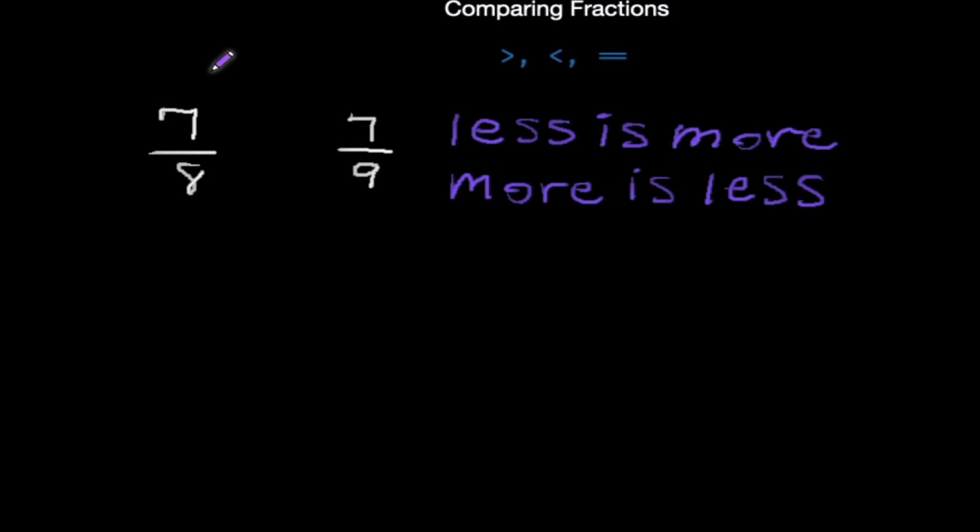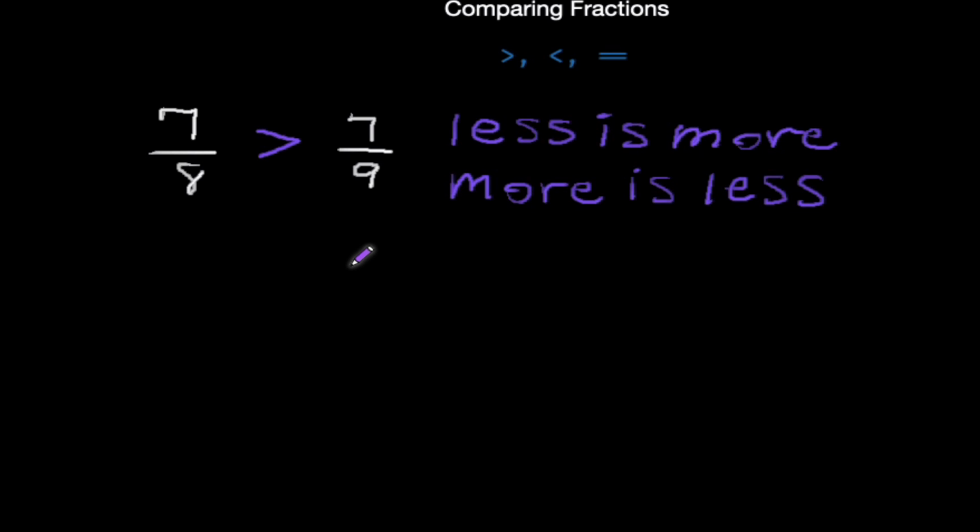All right, so like I said, the fraction with the smaller denominator will have the larger value, and the fraction with the larger denominator will have a smaller value. So that means when you're comparing both these fractions, 7/8 is greater than 7/9 based on these two phrases. Less is more, more is less. Okay, so hopefully that was helpful to you.